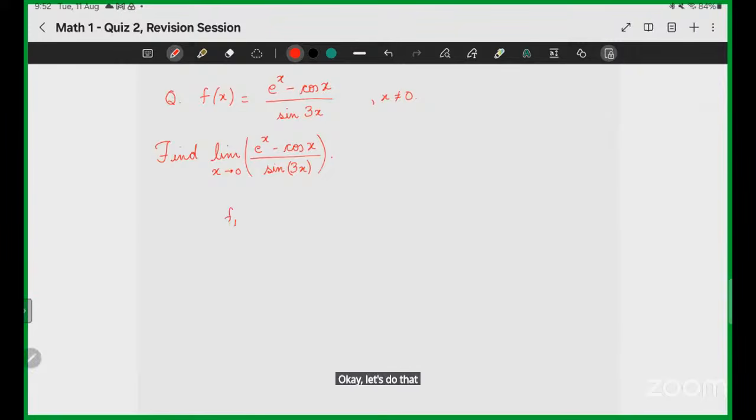So here my f is f1 by f2, where f1 of x is e to the x minus cos x, and f2 of x is sin 3x. What is f1 prime of x? It will be e to the x plus sin x.